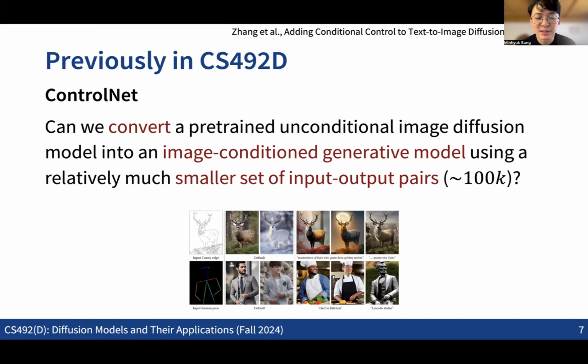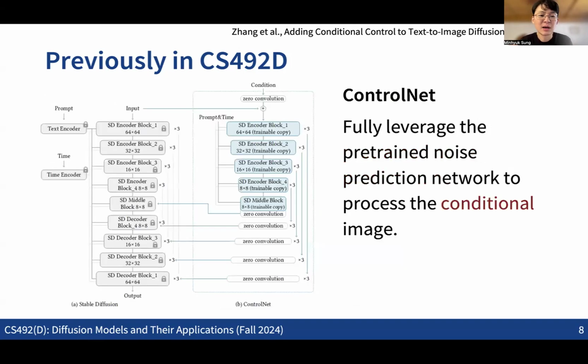The idea is utilizing the knowledge learned by the pre-trained encoder, while also having an extra encoder for the conditional input and copying everything from the pre-trained encoder network.